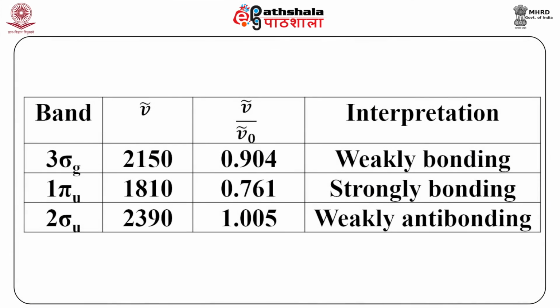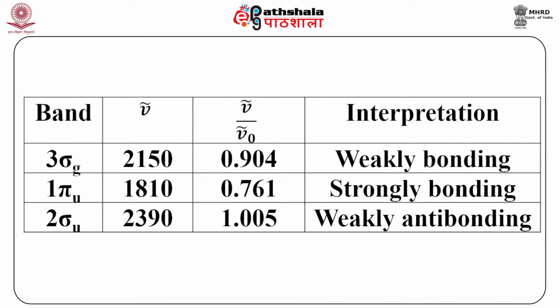So, the first band is due to ionization from the 3σg orbital and its wave number is 2150, and the ratio of this compared to that for nitrogen is 0.904, and we interpret that this must be a weakly bonding orbital.